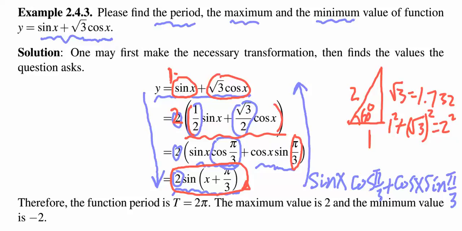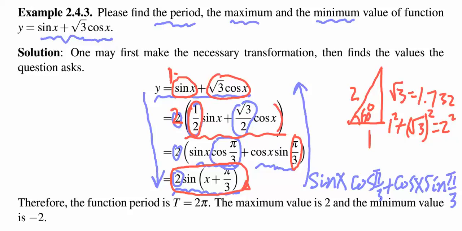Then cosine 60 degrees is the adjacent side 1 over the hypotenuse 2. So that's how we got 1/2 here.